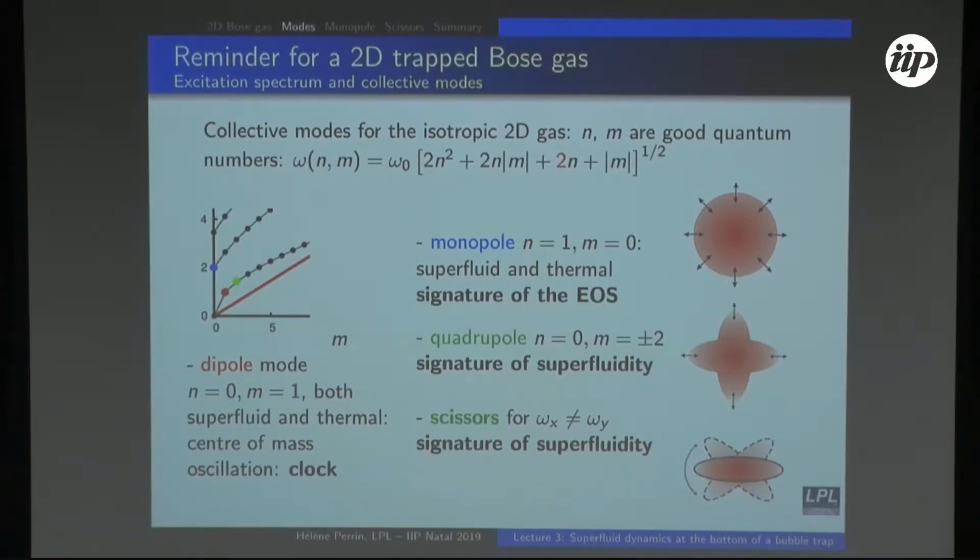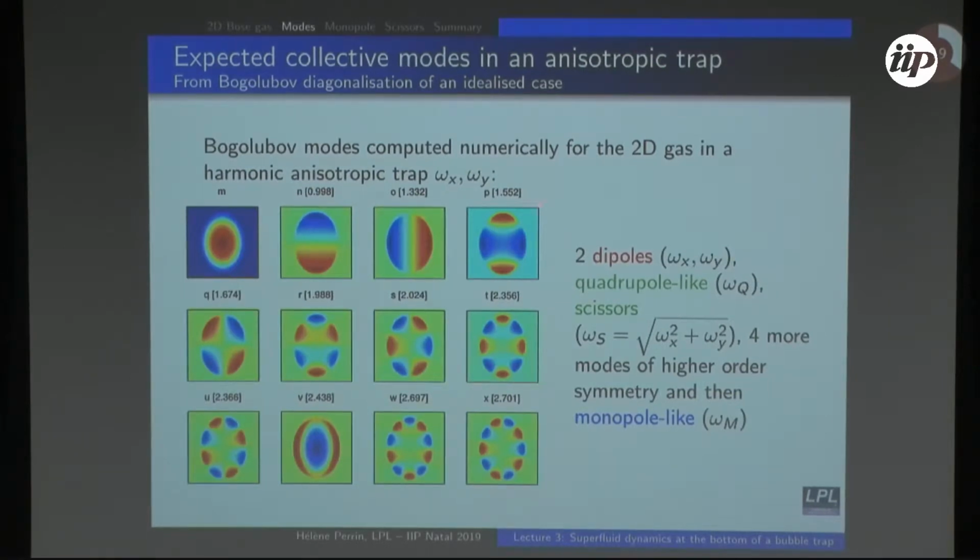For the first branch, the modes are ordered by energy in this calculation. This is a diagonalization. So you first have other m components with n equals 0 before getting your n equals 1, m equals 0 monopole mode.